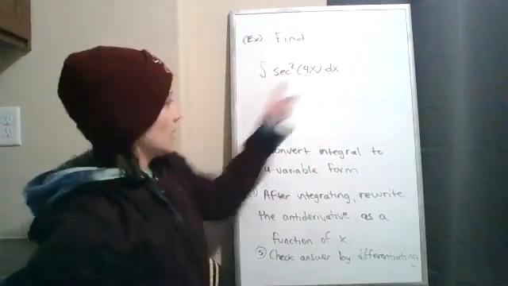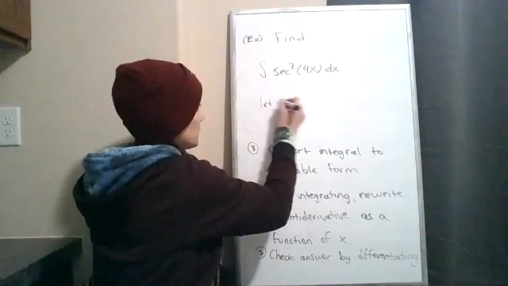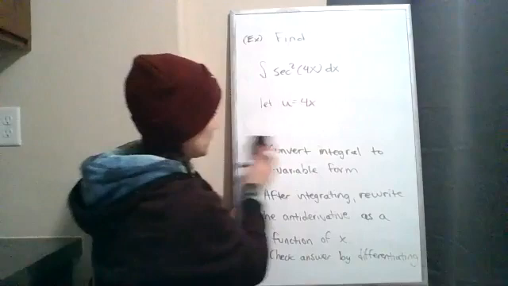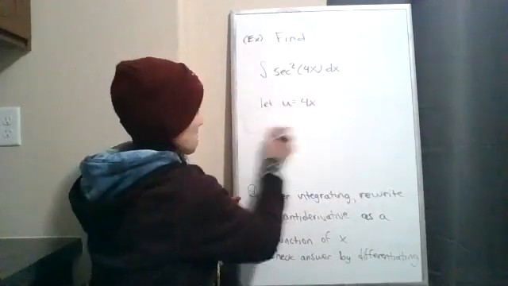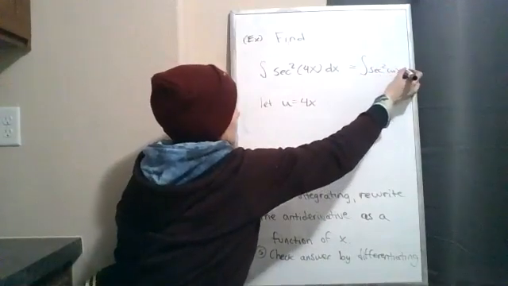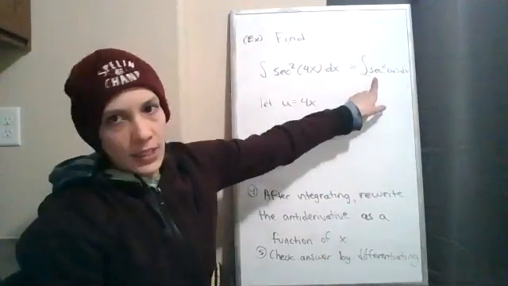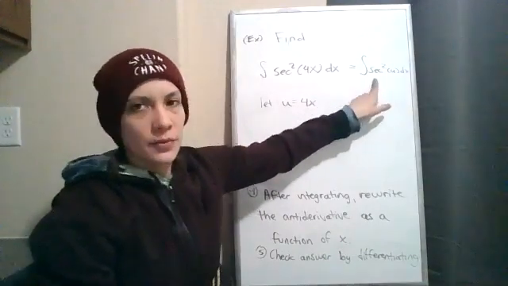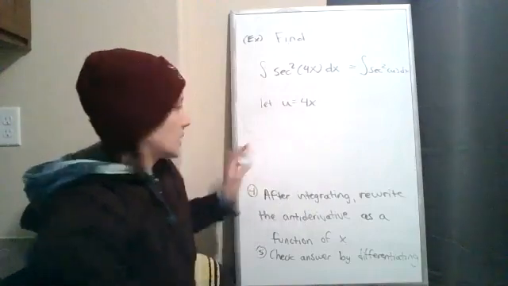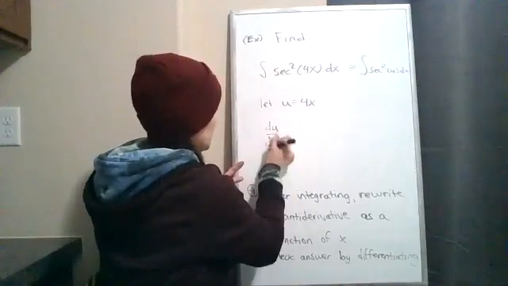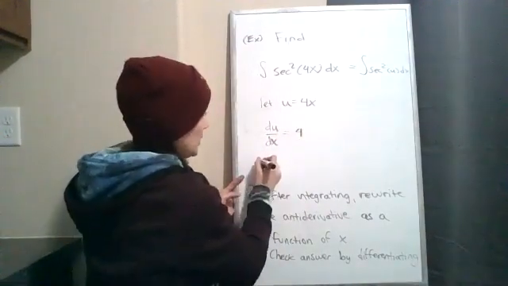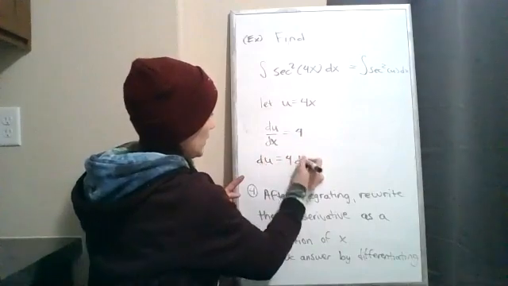I chose 4x. Okay, so you could put secant squared of u dx, but we need something with u and du. So we'll do that over here. du dx is 4, so du equals 4 dx.